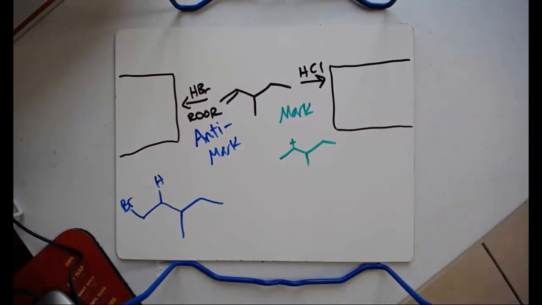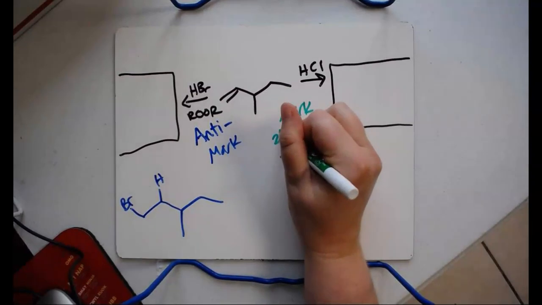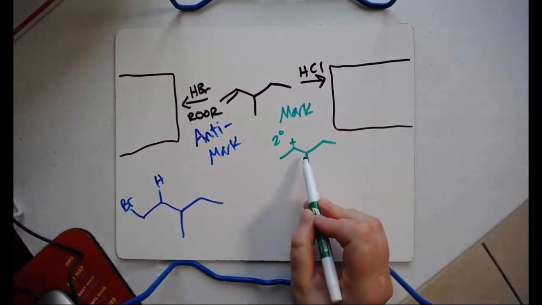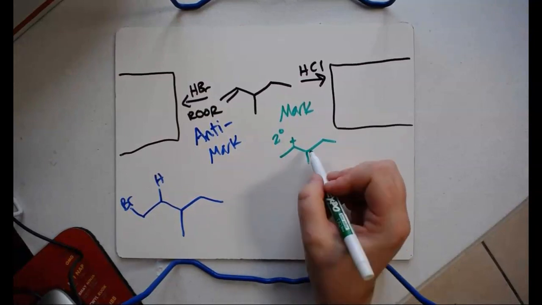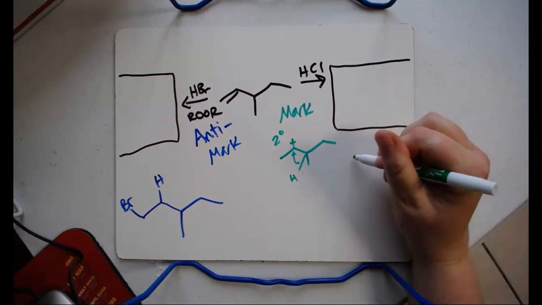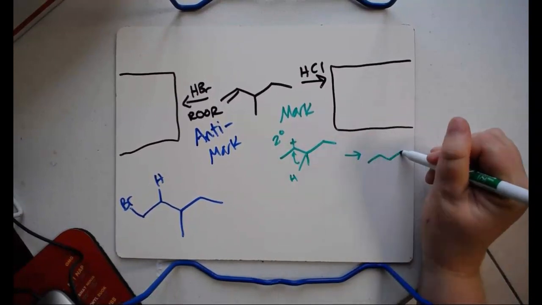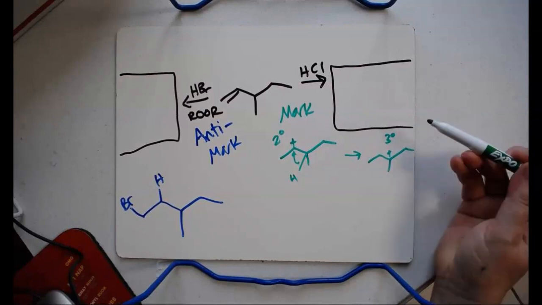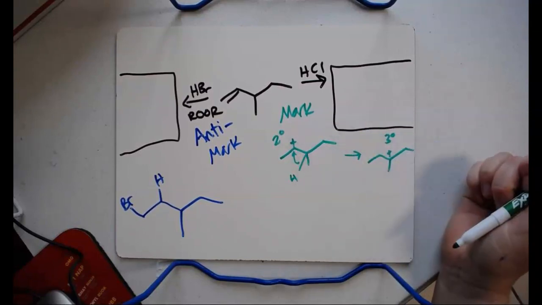Now that is a secondary carbocation. And right next to it, we have a carbon with a substituent. So we know that if we do this hydride shift, we can have a tertiary carbocation. So our chlorine is going to add to both of these.